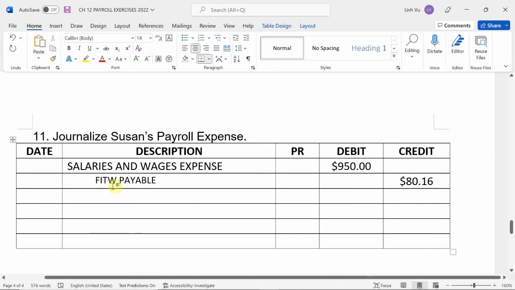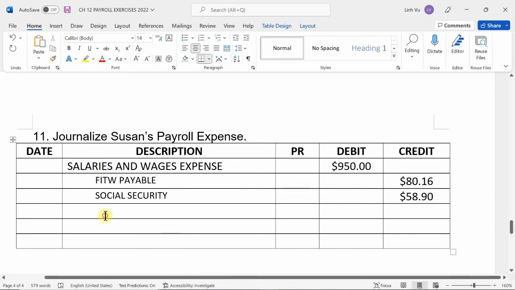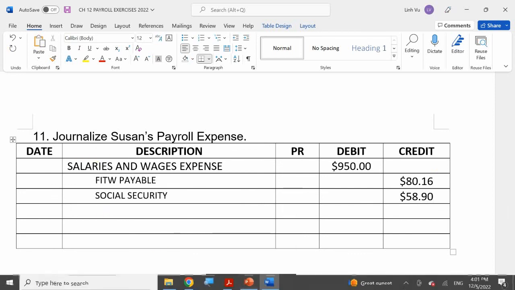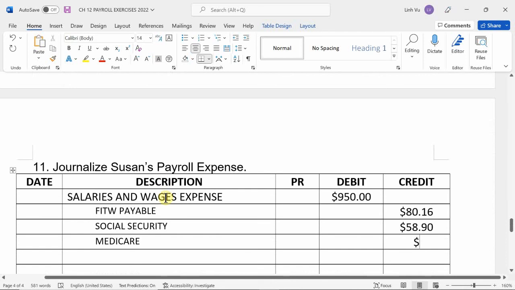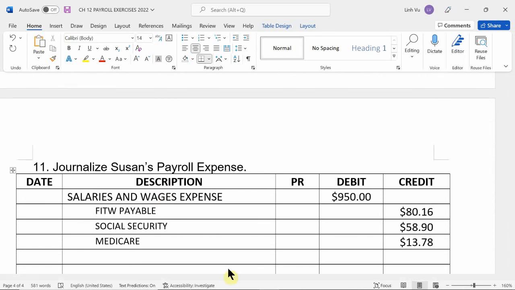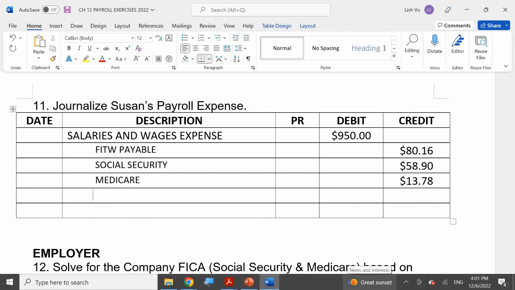Next is going to be Social Security. How much Social Security did she put in? That was $58.90. And then, second to last, how much Medicare did she put in? $13.78. So in grand total, how much is her check? $797.16.